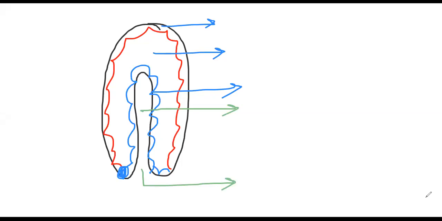We discussed this in Kingdom Animalia. But here for the coelom, I am giving this again to you. Learning the gastrula stage will help us understand the coelom concept very easily. So let me write here, this is ectoderm, the outer layer. Next, the cavity in between the ectoderm and endoderm is the blastocoel or primary body cavity.